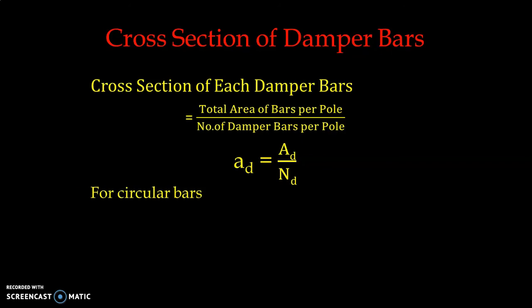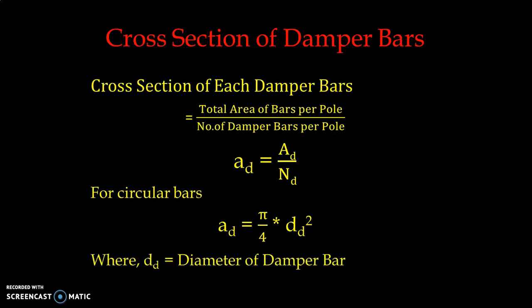And suppose we use circular bars, and in most cases we do, then AD, the area of a damper bar, is equal to pi by 4 multiplied by DD square, where DD is the diameter of the damper bar. So from this equation the area of each damper bar can be calculated, and from the area the diameter of each individual damper bar can easily be calculated.